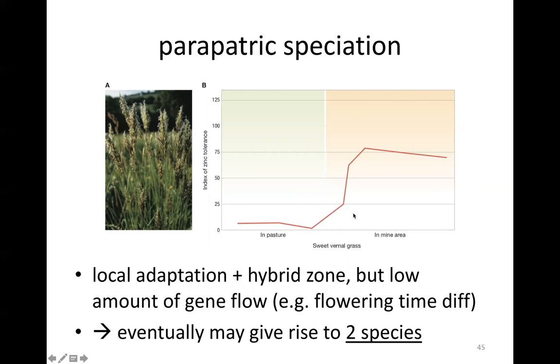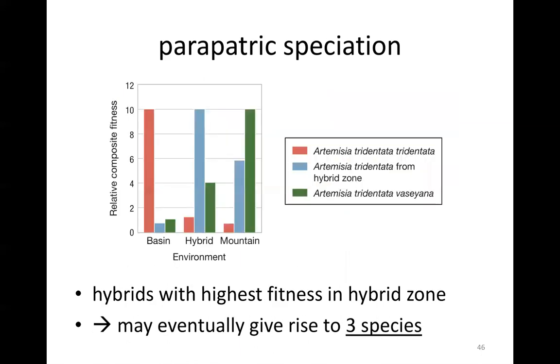Their flowering times are different, things like that. So in this situation, we might expect there to be even more selection, hybridization eventually totally being cut off, gene flow stopping, and two species emerging.